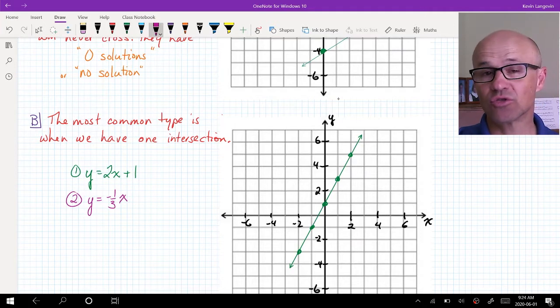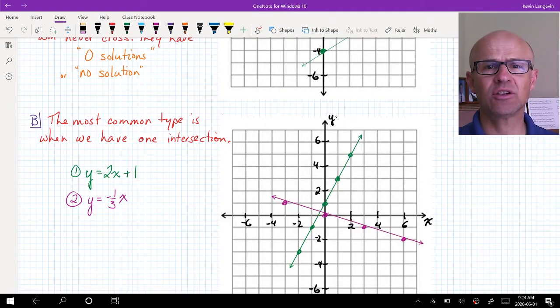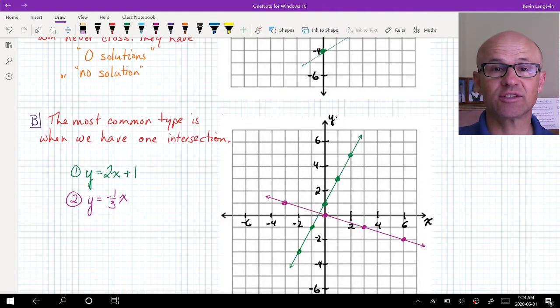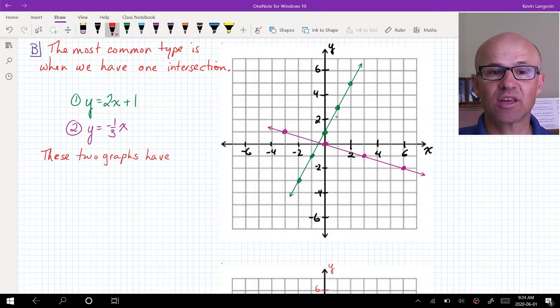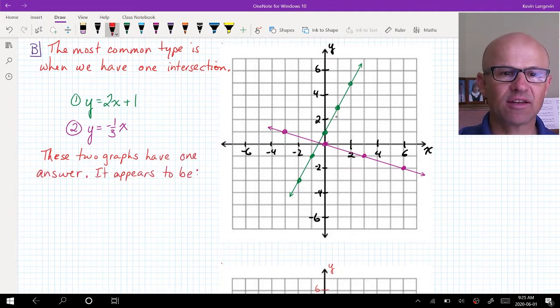We can see when we draw this, they don't intersect at an overly nice position, so we're just going to kind of guesstimate our answer. We could find a better fraction if we did it using substitution or elimination. But we'll say here it appears that our answer is going to be at about negative 0.5, comma, positive 0.2.